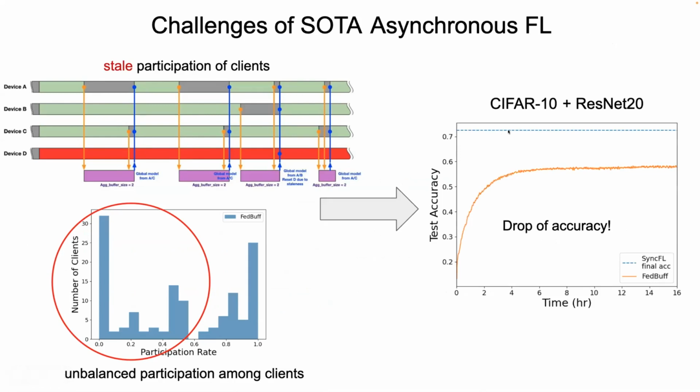What we have seen, for example, comparing with synchronous federated learning, is that buffered schemes like FedBuff can create huge drops in accuracy. For example, this is for CIFAR10. Let's say you are training a ResNet 20, we see a significant drop. As I mentioned, this drop is caused by weak clients not being able to participate often, and also participating with stale models.